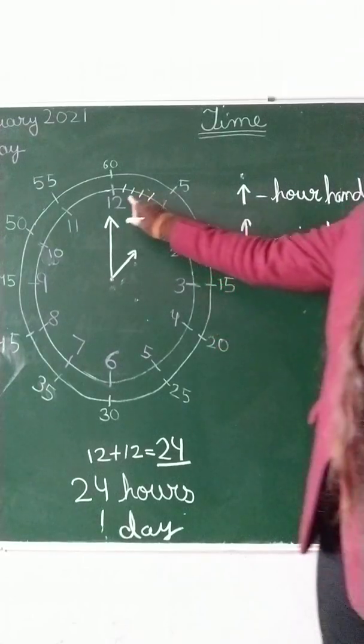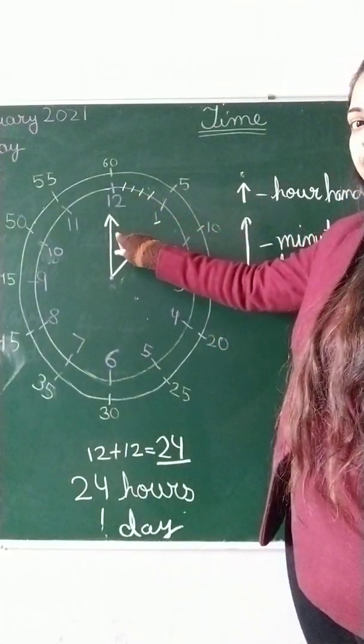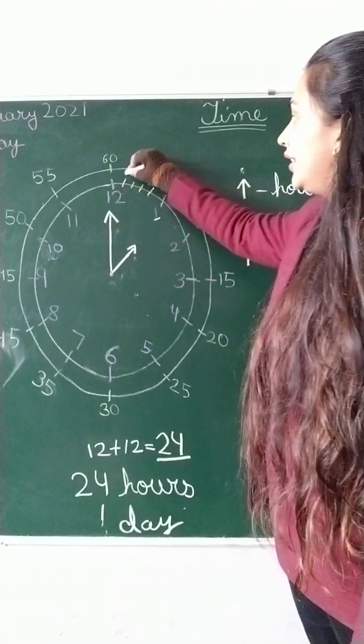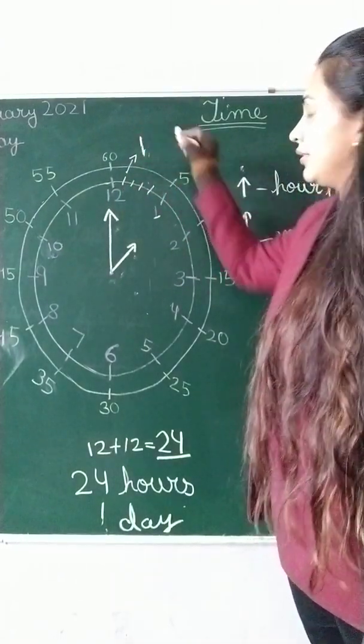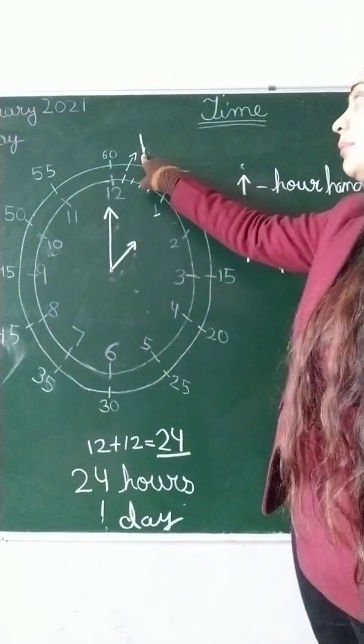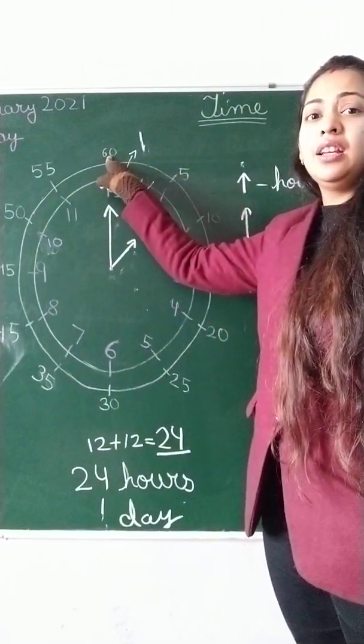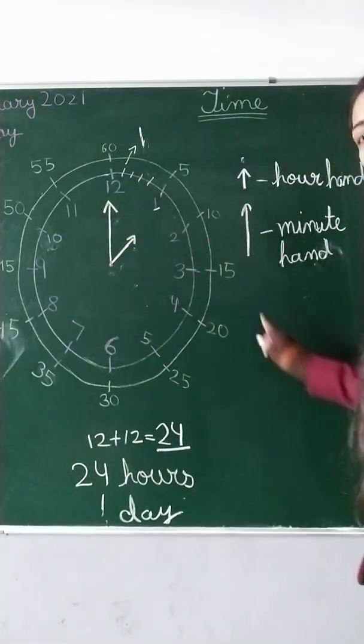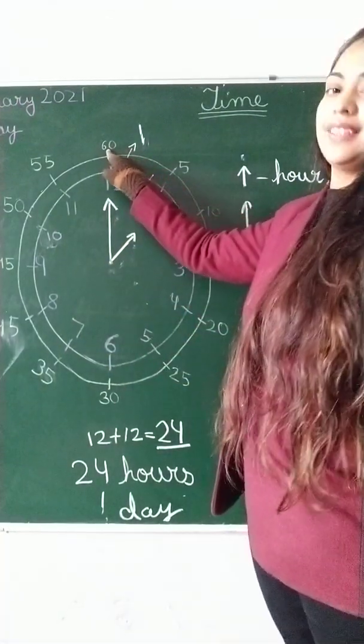Fine? When our minute hand moves from 12 and starts coming from here, this is 1 minute. But if this is 1 minute, then how come this is 60? When we take a full round, when we are doing the full counting, then this is known as 60.